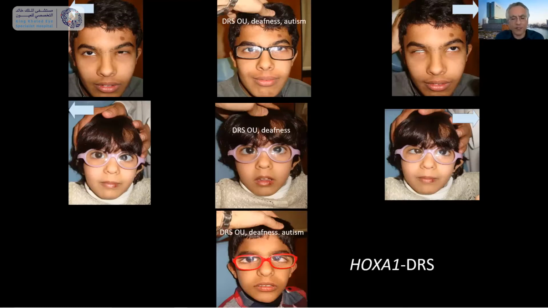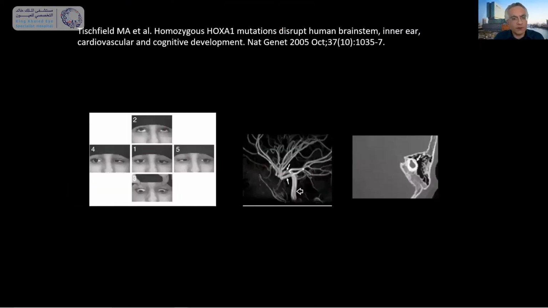HOXA1 is a transcription factor. When it's mutated, it's expressed early in embryogenesis, so it causes multiple problems, not only Duane syndrome and deafness, but also cerebrovascular abnormalities and cognitive maldevelopment. Beware of this if you ever have a patient with Duane syndrome and autism. The Duane syndrome, though, is always bilateral in this condition.